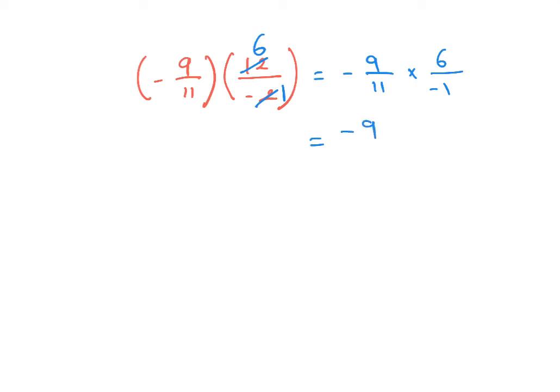Which is going to be negative 9 times 6 over 11 times negative 1, right? Now we know that 9 times 6 is 54, so negative 54 over 11 times negative 1, that would be negative 11.